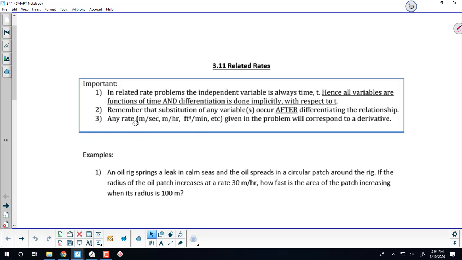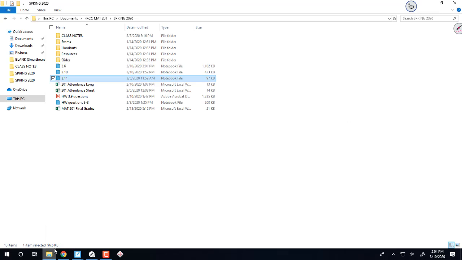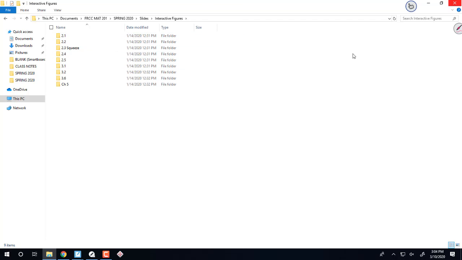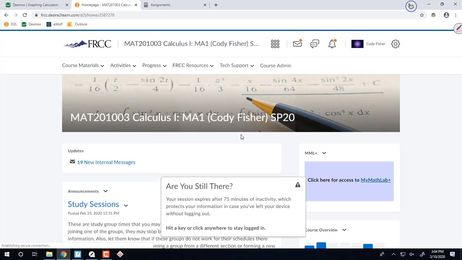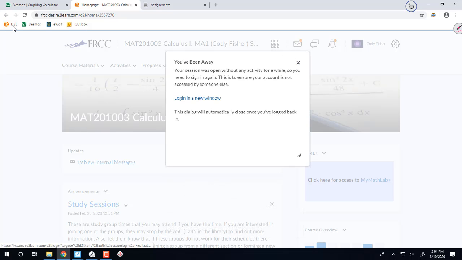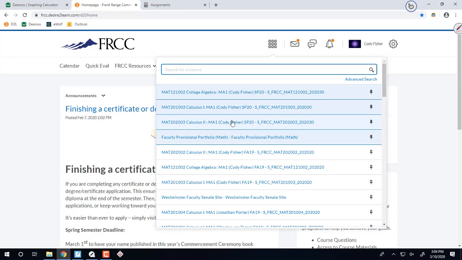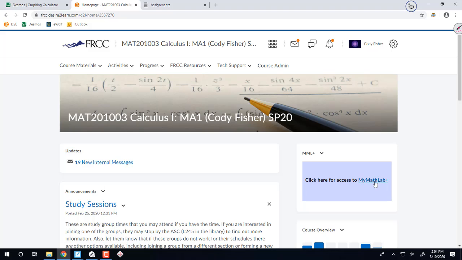Any rate will be like meters per second or miles per hour or feet per second, etc. Those rates will always correspond to something's derivative. There's a couple of figures for at least this first example, just so we can get a sense of what we're measuring.